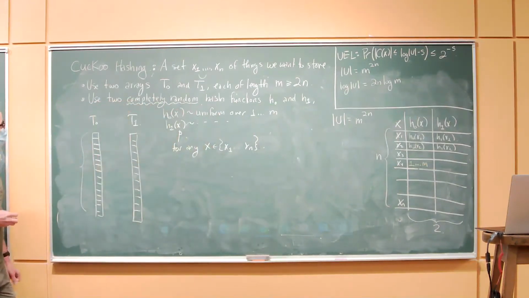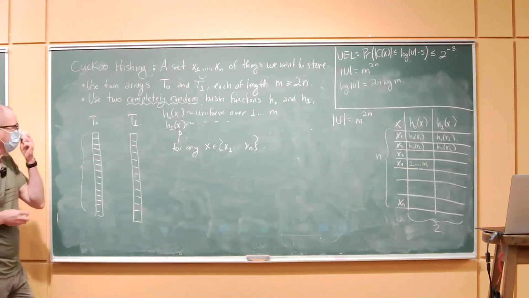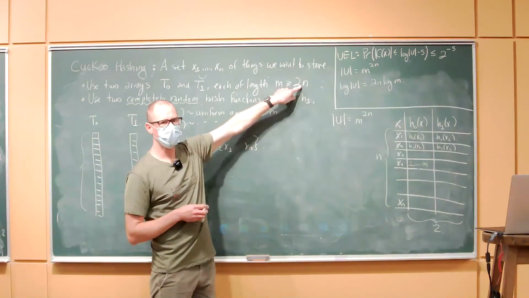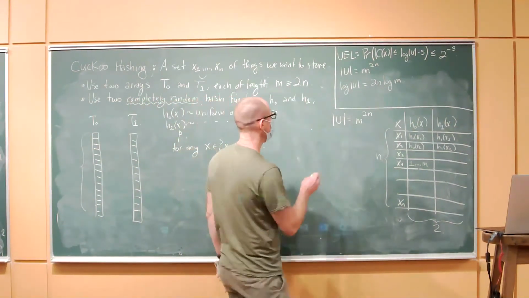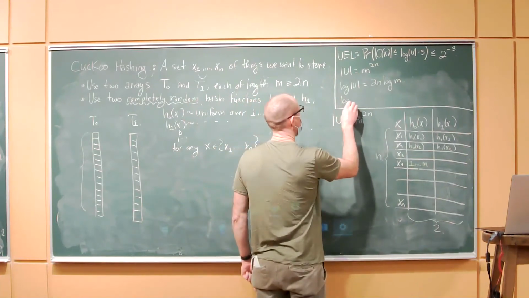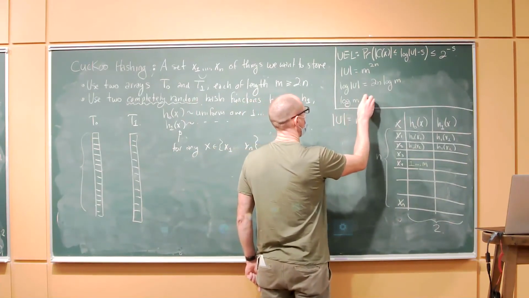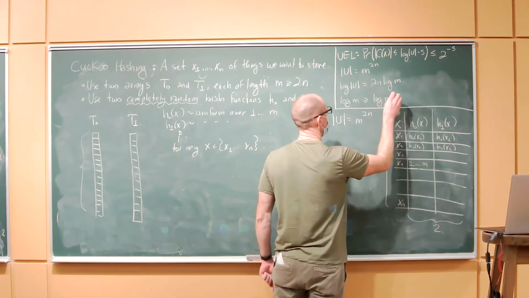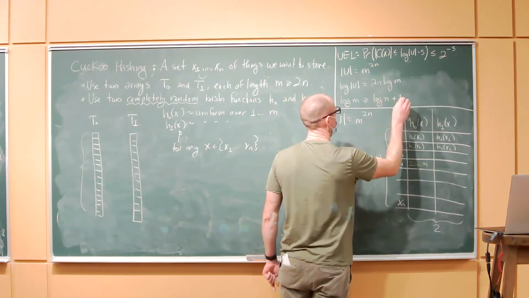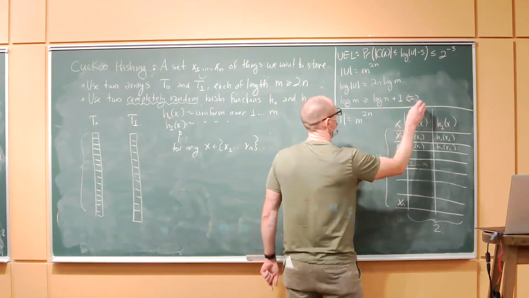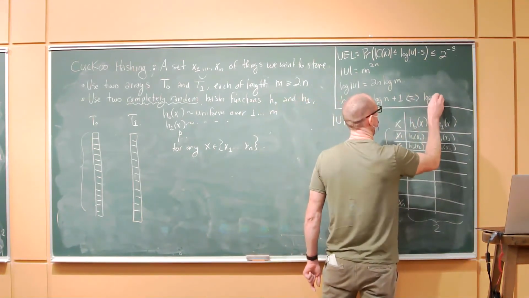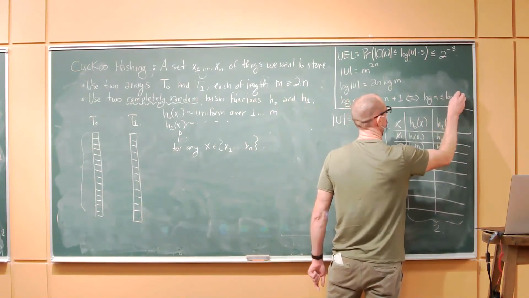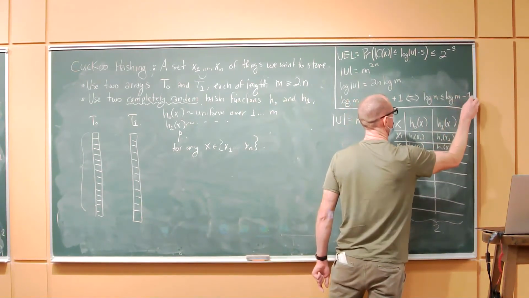And it's not by accident that we picked m to be bigger than or equal to 2n. The reason we want that is because then log of m is bigger than or equal to log of n plus 1. Or another way of saying that is log of n is less than or equal to log of m minus 1.